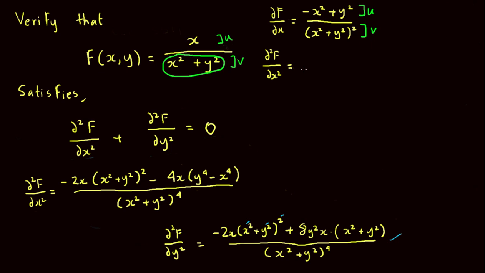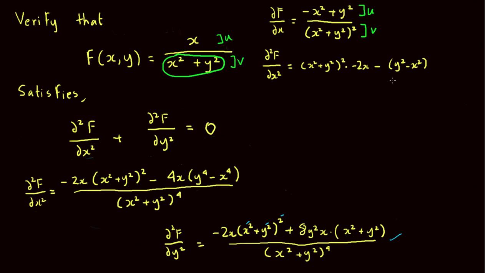So same thing again. It's just simply v, so (x squared plus y squared) to the power of 2 times del u del x, which is negative 2x, minus (y squared minus x squared).